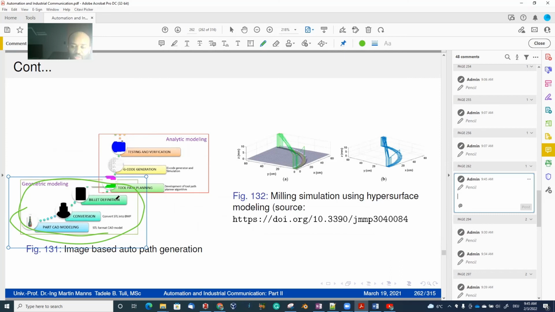From the point clouds, I tried to generate a logic which identifies the part to be removed and the part that has to be retained. And then finally, I was able to generate a G-code. Of course, I used existing libraries for G-code generation. And then finally, I tested. So from any 3D model, I was able to generate a G-code using MATLAB scripts.